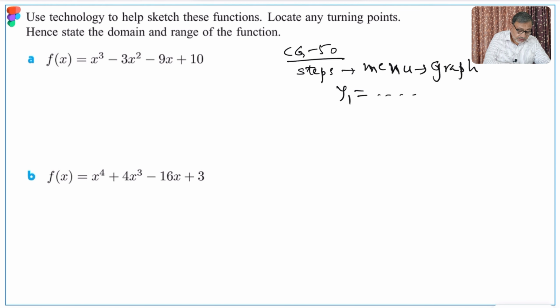Yeah, see, I will do window zoom. See here, like this I have the graph. So I'll draw the graph, and from the graph you have to write domain and range.